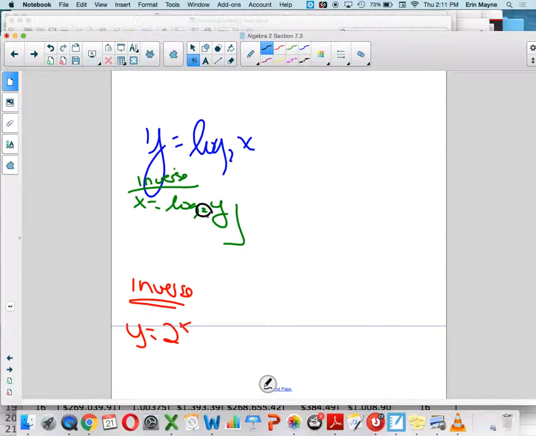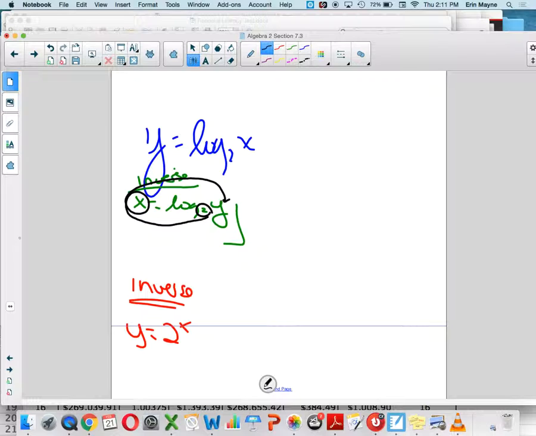I take 2 to the x to get y. That definition of log, which is what you're going to hear me say a lot, especially tomorrow, says 2 to the x equals y. That base to the number outside the equal symbol is that inside input number.